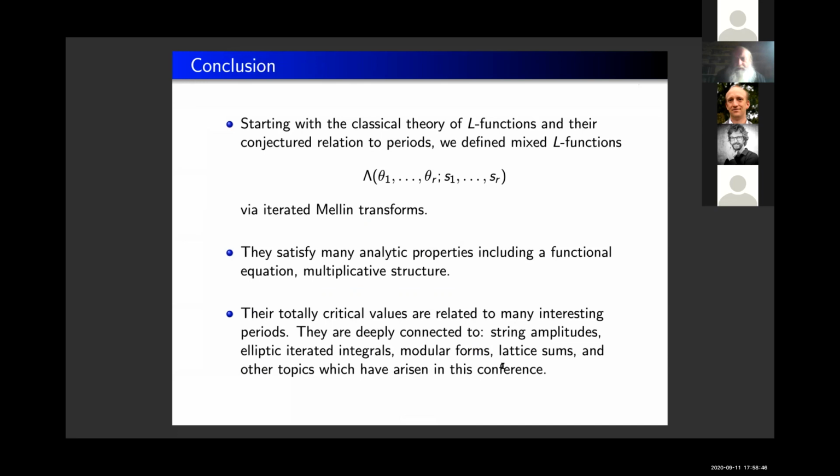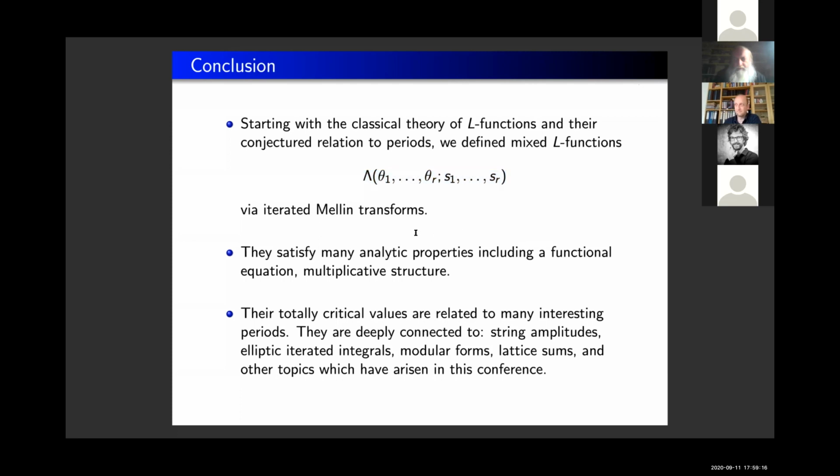So, conclusion: we started off with the very classical theory of L functions, which goes back many centuries. And by passing through their Mellin transforms, we wrote them as integrals, inverse Mellin transforms, and defined mixed L functions as the iterated Mellin transforms of a bunch of L functions.